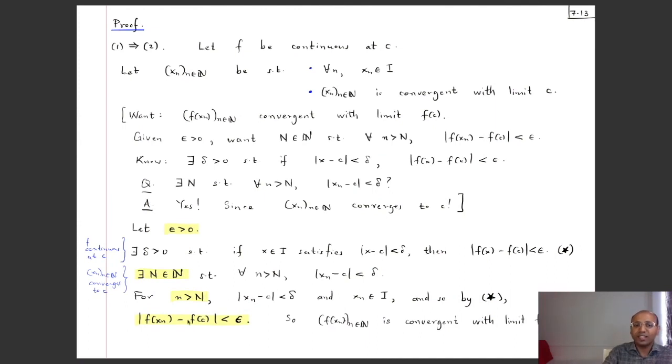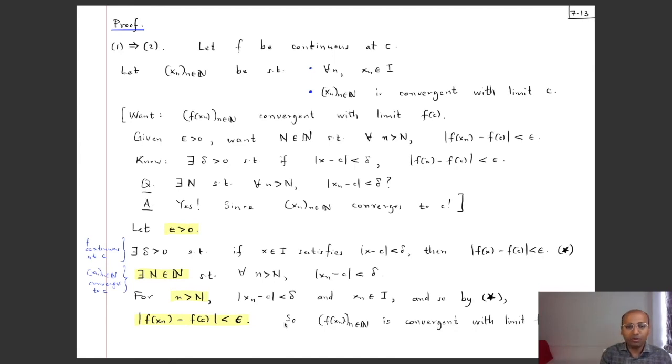So given any epsilon positive, I produced a capital N such that beyond that index this happens, and so f of xn is convergent with limit f of c. So given statement 1 that f is continuous at c, I have been able to prove that no matter which sequence you take which is convergent with limit c, f of that converges to f of c. So I have proved the second statement.